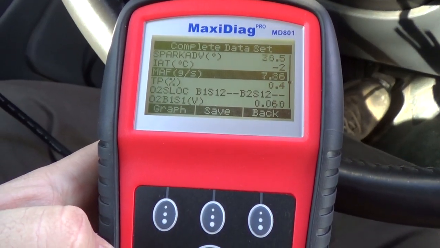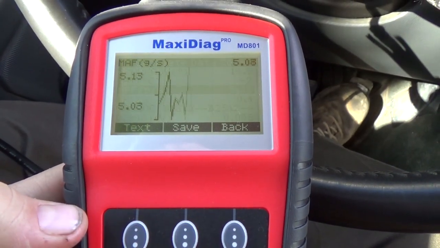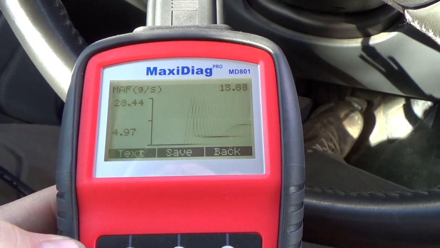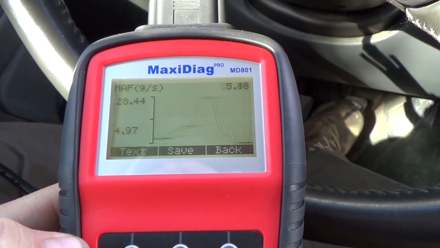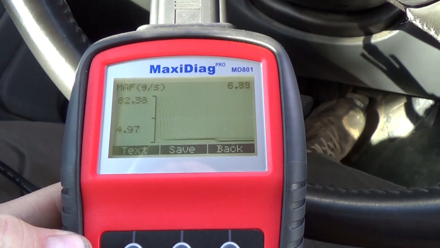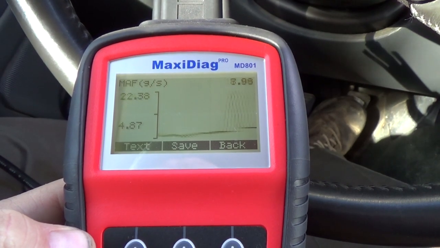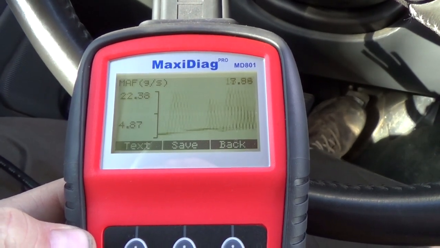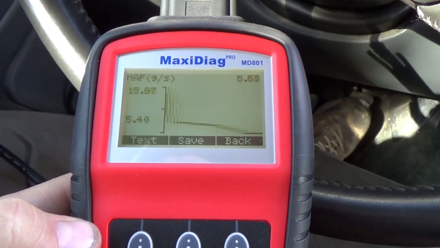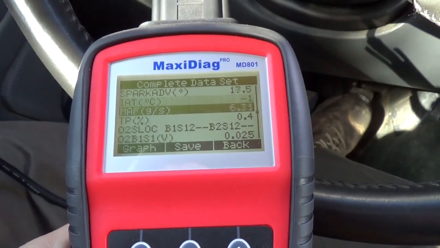You give her gas, it seems to go up, of course, because of the flow, right? Graph. Interesting, eh? Interesting.